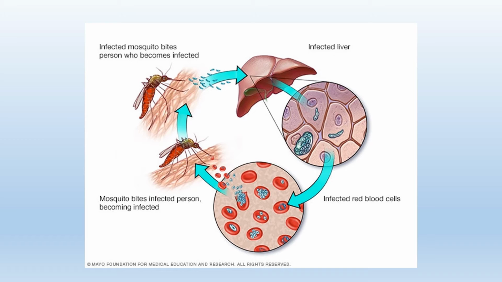So it's an ancient disease. It is estimated that over the entire time the human species has been human, malaria has killed more humans than any other single disease. It has been incredibly deadly throughout our human history.